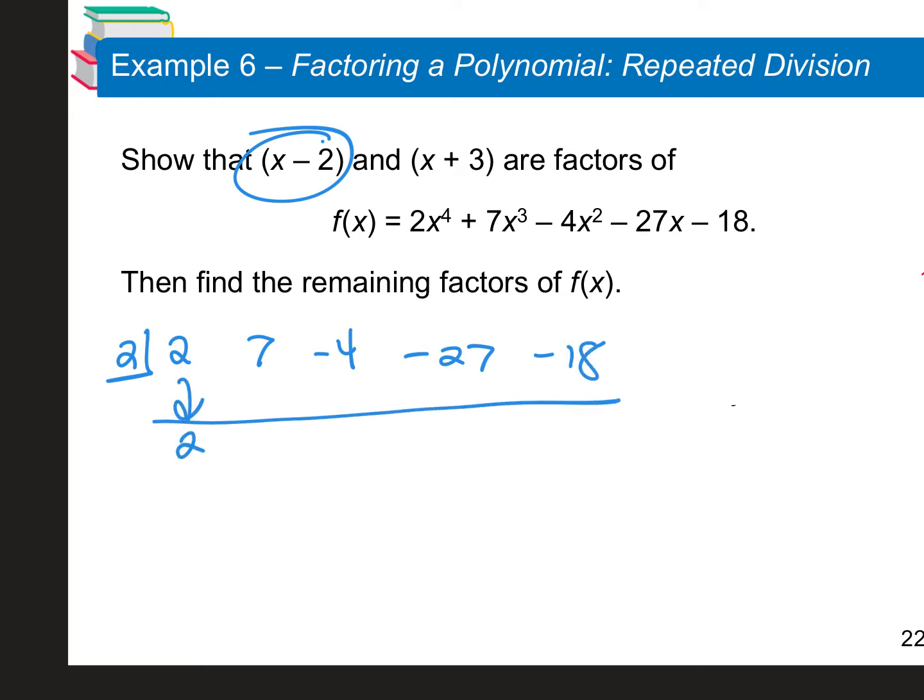Bring down our 2. 2 times 2 is 4, and 7 plus 4 is 11. 11 times 2 is 22. Negative 4 and 22 is 18. 18 times 2 is 36. Negative 27 and 36 is 9. 9 times 2 is 18, and negative 18 plus 18 is 0. So while evaluating, if I get a remainder of 0, that proves that x minus 2 is a factor.